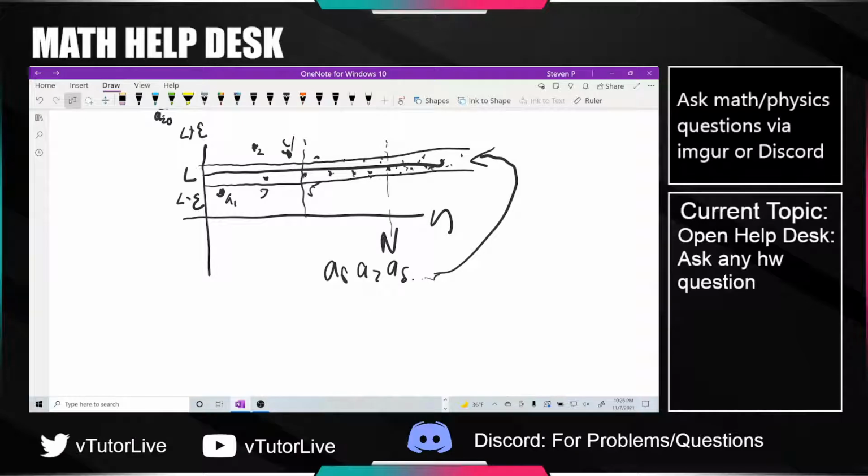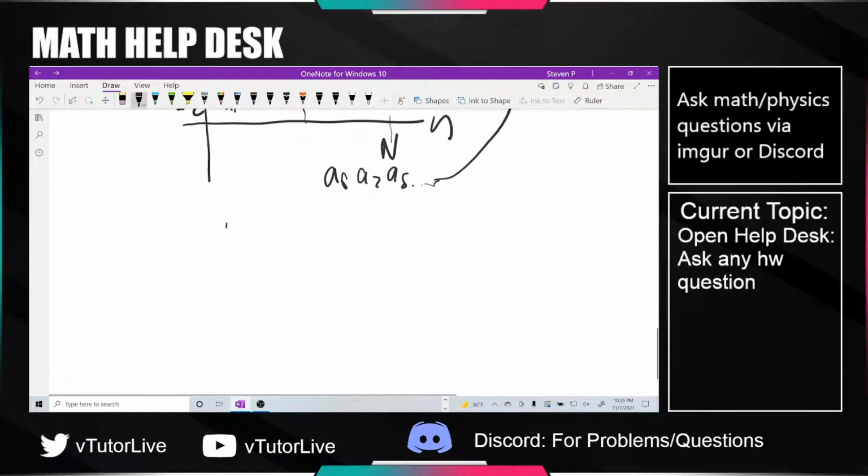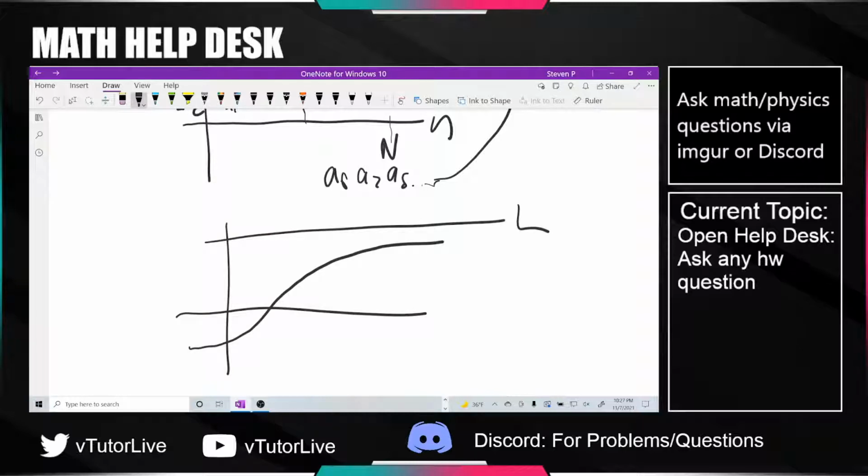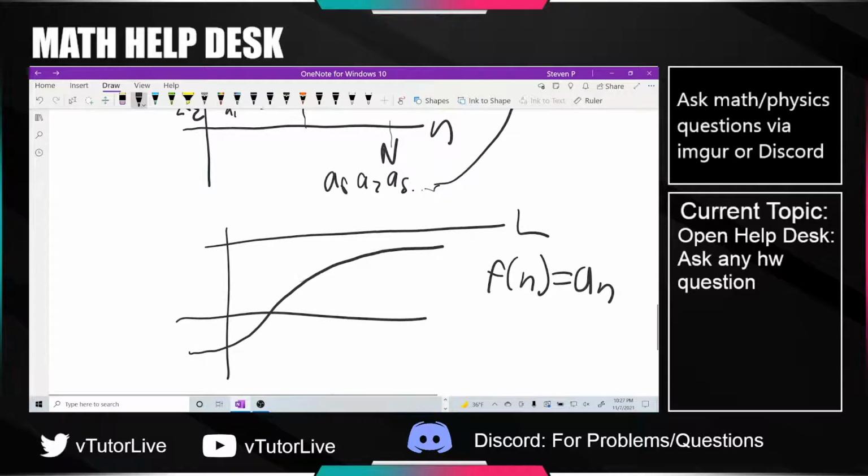If the limit as x goes to infinity of f of x is L, and f of n is equal to a_n, it's saying that f of 1 is a_1, and so on.